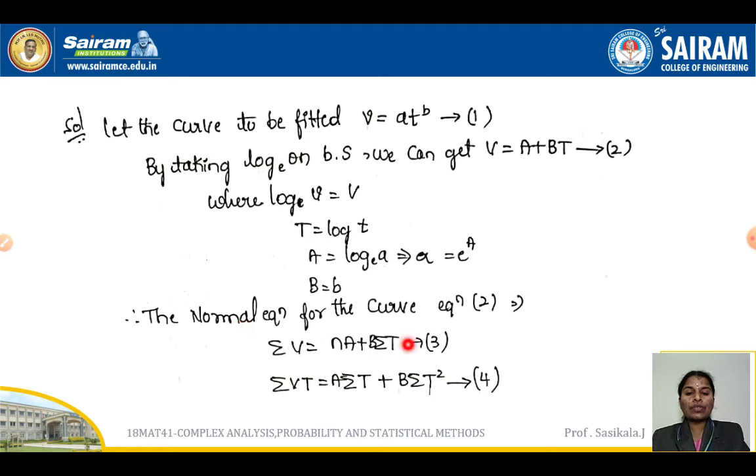And the normal equations of the curve, from equation number 2, you can write from this.